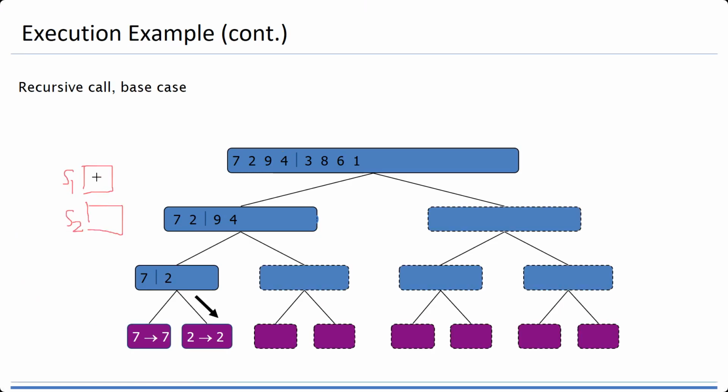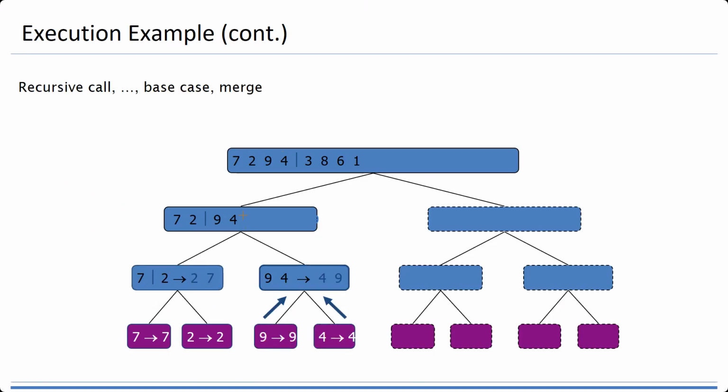S1 is 7 and S2 is 2. So how do we put them into S? We need to check. Is 2 less than 7? Yes. Then S will be 2 and then 7. So now we have a new S, which is 2 and 7.